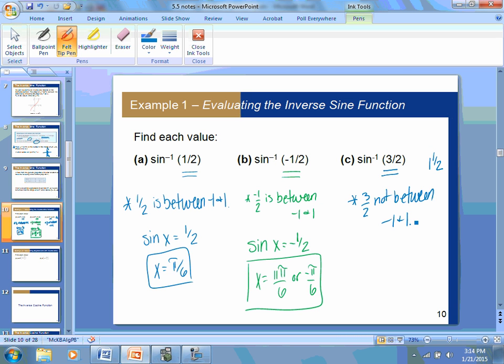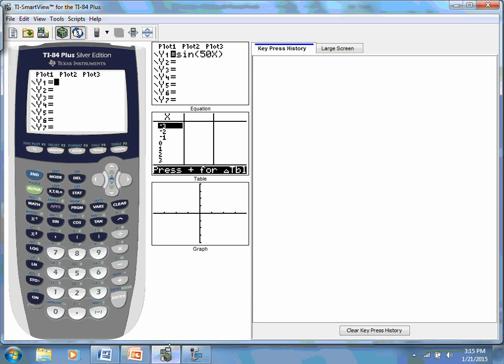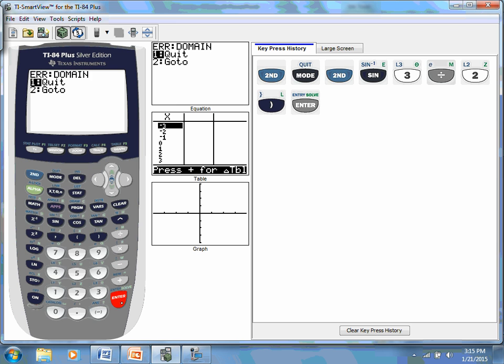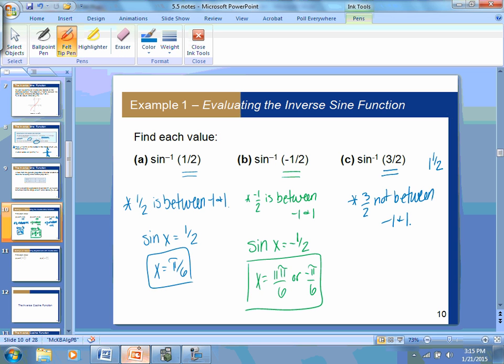You could do this on your calculator if you wanted to. You could try it out. The sine button, if you look above it, if you do second sine, let me get out of y equals. If you do second sine of 3 divided by 2, it gets you an error message. That's because you cannot take the sine of something and get 3/2.